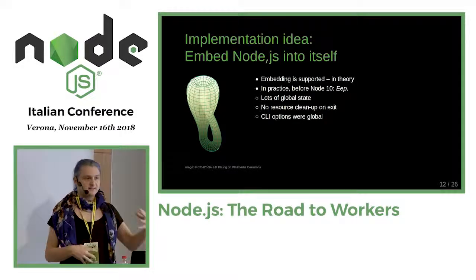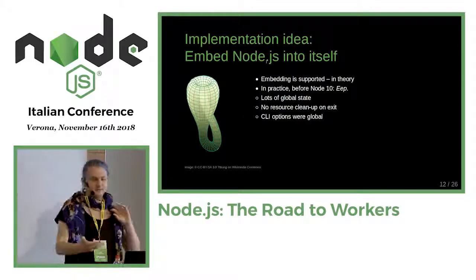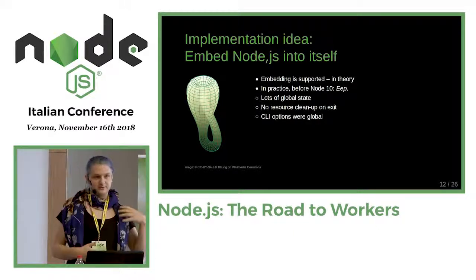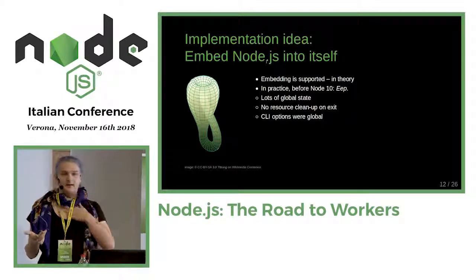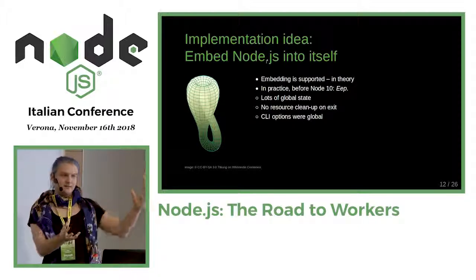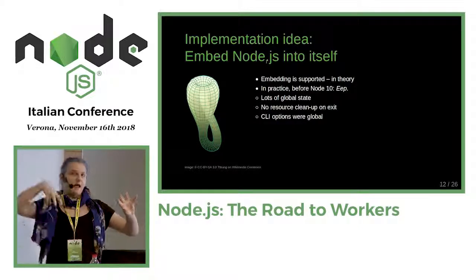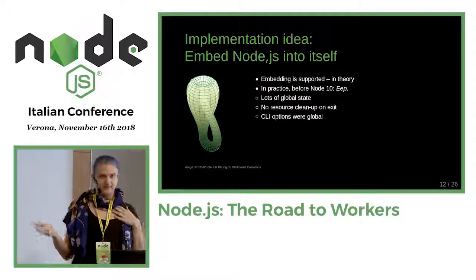workers are basically embedding Node.js into itself. As a project, we're trying to support embedder use cases, for example Electron, which takes Node and actually creates a Node instance inside of the process, along with other things that are completely unrelated to Node.